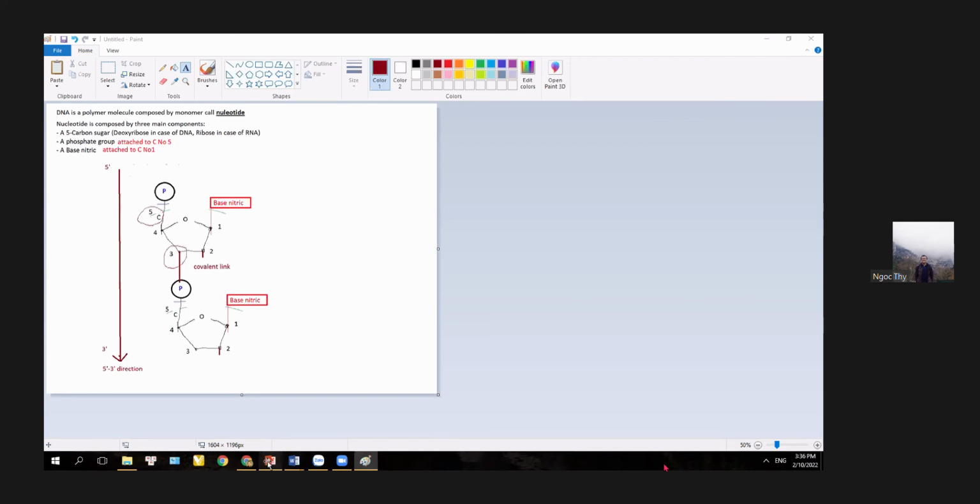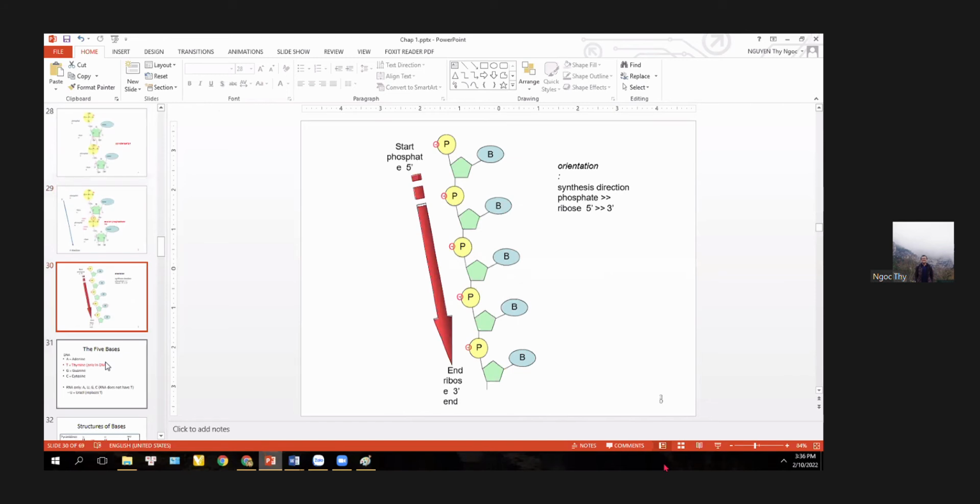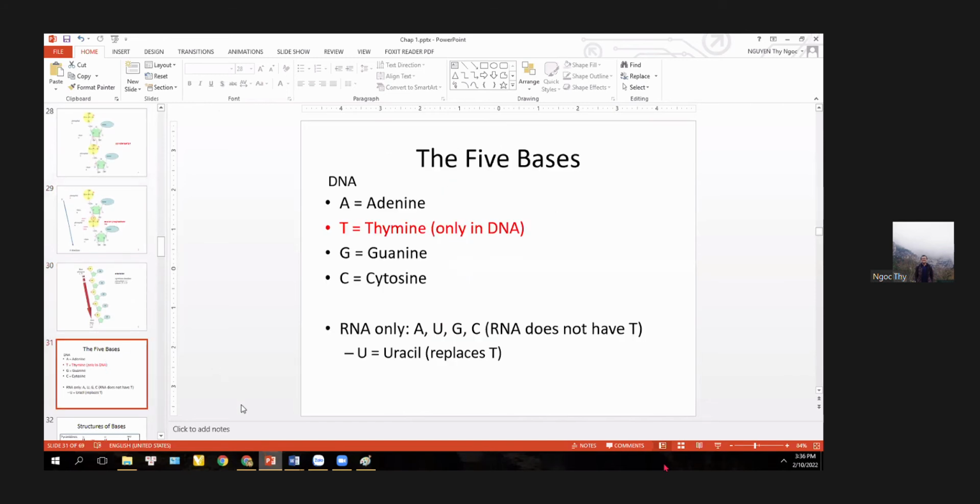Okay, so like you can see here, the 5' to 3' direction. And in DNA, we have four types of nucleotide.